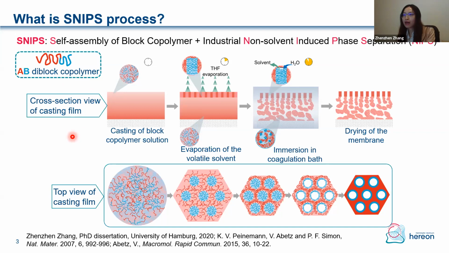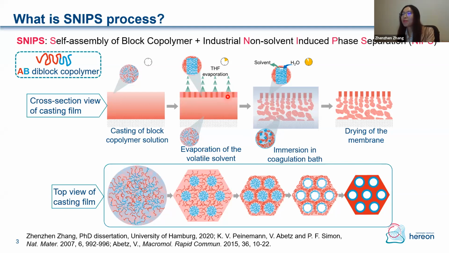For SNIPS, the general casting procedure is similar to the NIPS process. First, we cast the block polymer solution, and then the volatile solvent evaporates. This makes the red chain A block separate from the blue chain B block and form those cylinders with the swollen blue chain of B block.